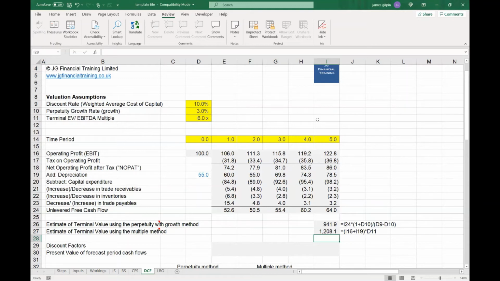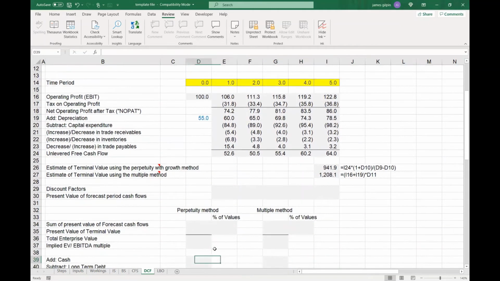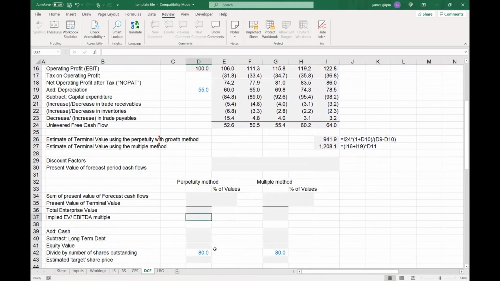And that's a 6 times multiple. Again, it's an assumption, and there are various approaches used to try to make a sensible assumption here. But again, they're beyond the scope of this course, and it's something that I will cover in a later course with you. So I've got my 2 estimates of terminal value, and you can see I'm going to use both methods to estimate a value in these 2 columns down here in my final step.